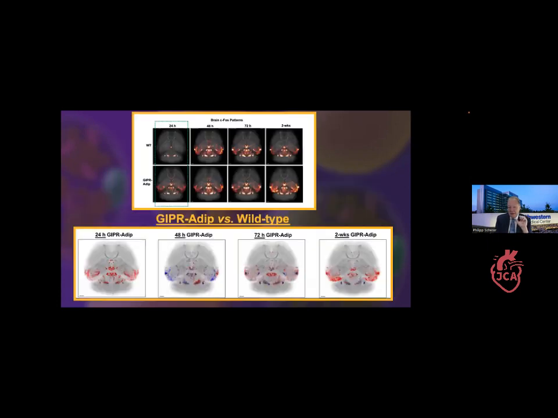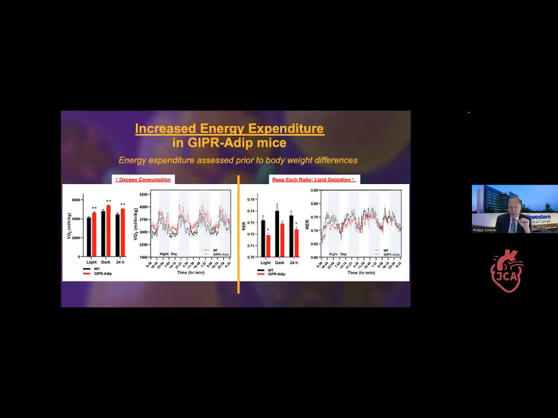We activate a lot of different centers that are involved in weight control, energy expenditure, and food intake in this particular context, and we will have years' worth of work figuring out what exactly is happening in the brain.